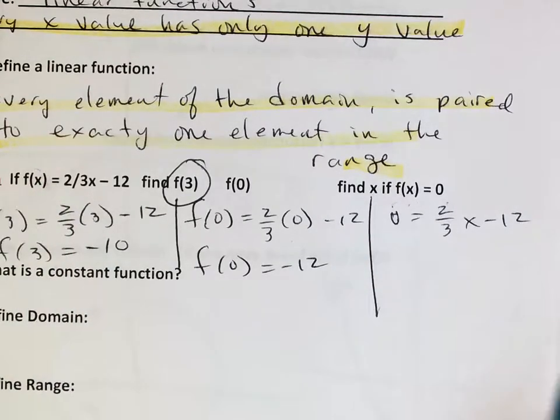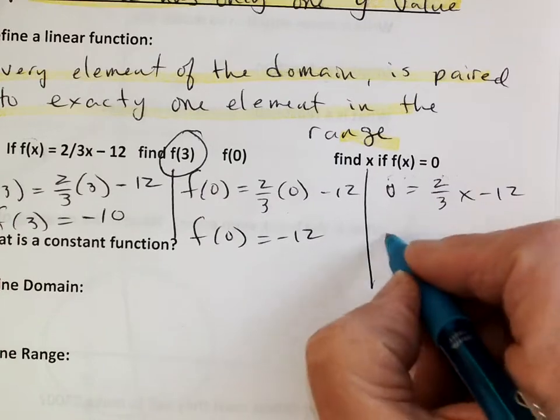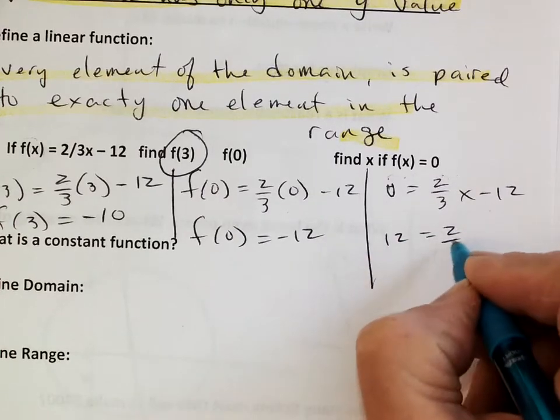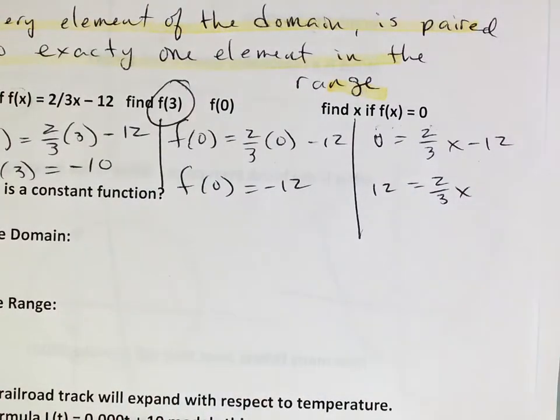Now let's solve for x. So solve for x, plus 12, right? Okay, let's add 12. We're in pre-calculus, so I'm not going to do it Landon's way anymore. Landon likes to do this in 2 steps. I like to do it in 1 step. I like to just multiply by the reciprocal.